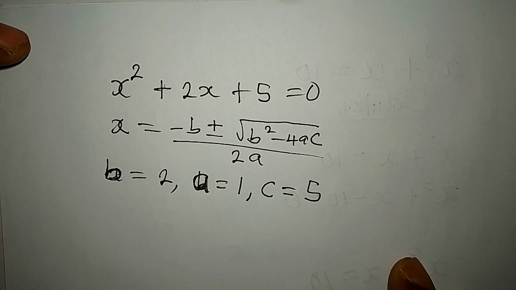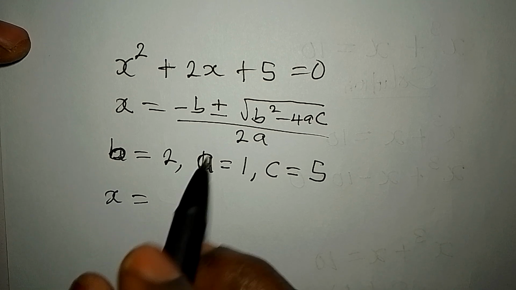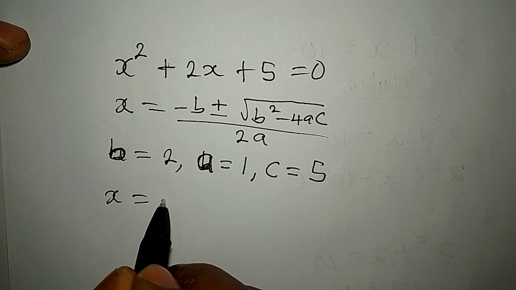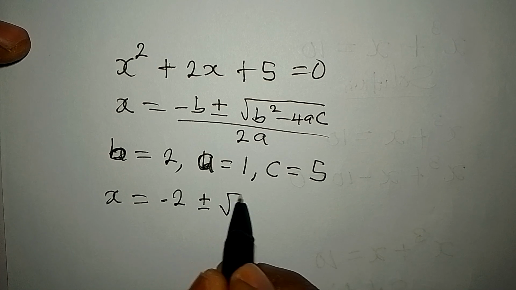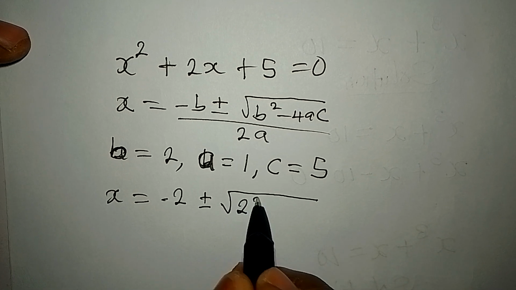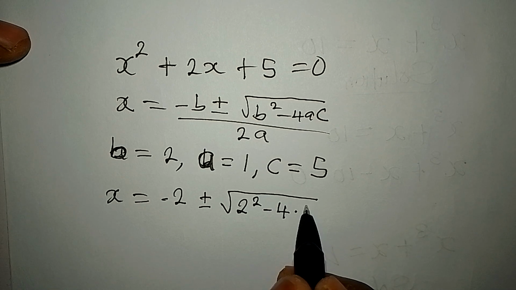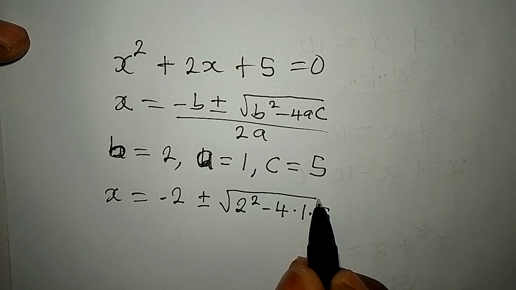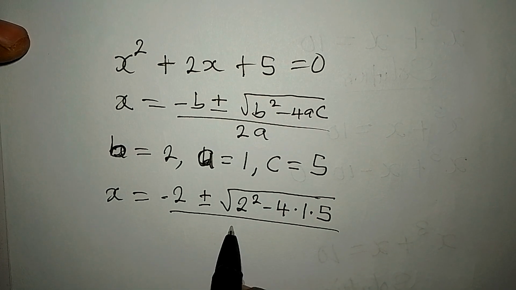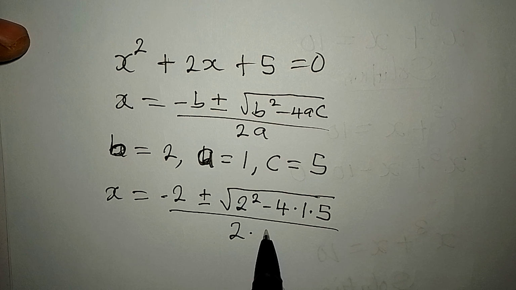So let's put this into the formula so that our x will now be equal to, in place of minus b, I'll have minus 2, then plus or minus square root of 2 squared minus 4 multiplied by a, which is 1, multiplied by c, which is 5. The whole of this will be over 2 multiplied by a, but now our a is 1.